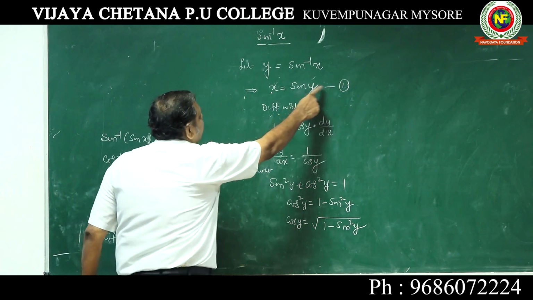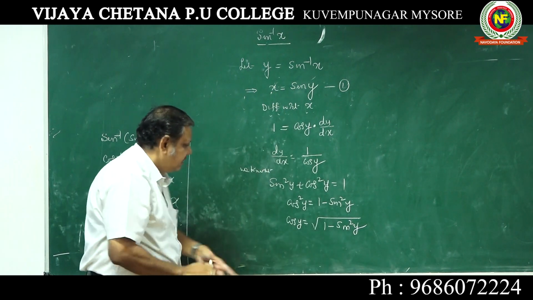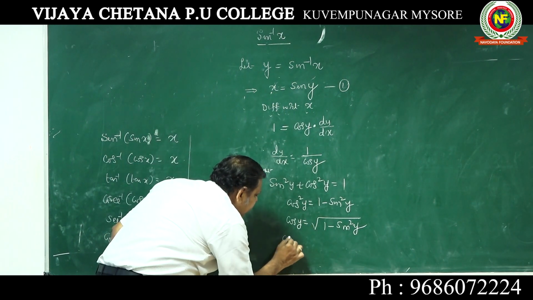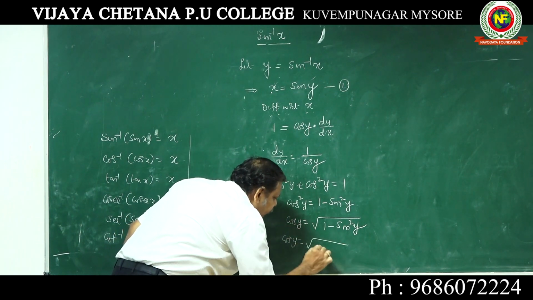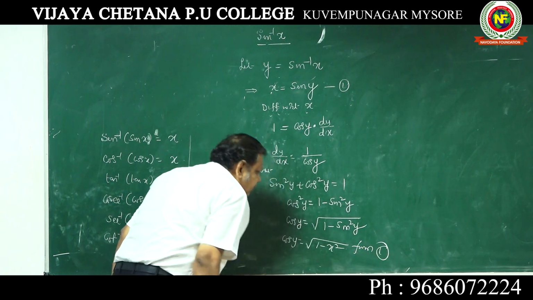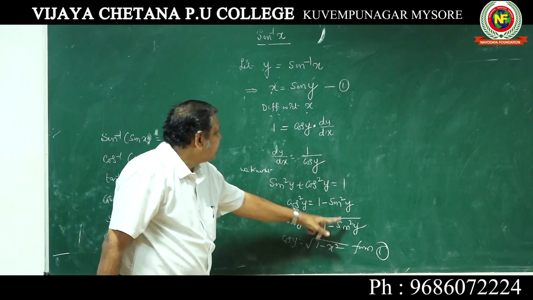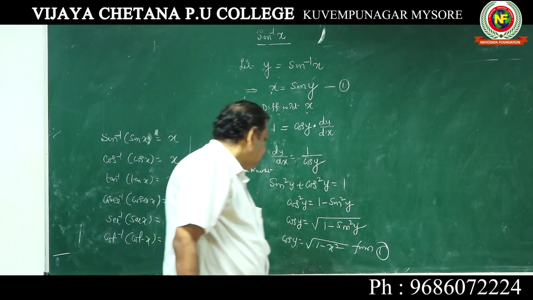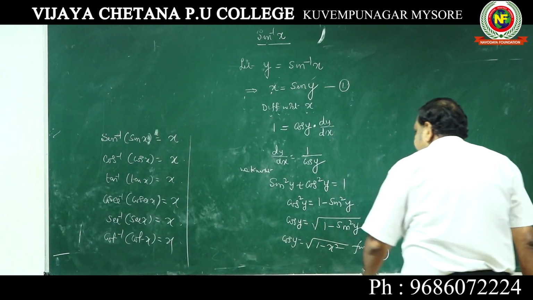But what is sin y from equation 1? It is x. Instead of sin square y, you can write cos y is equal to root of 1 minus x square. How? Because sin y is x, x equal to sin y from 1. So from 1 you can write cos y is equal to root of 1 minus x square.